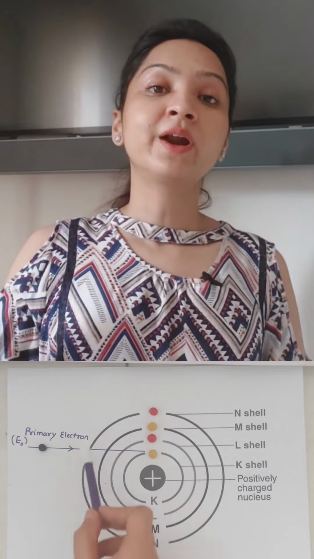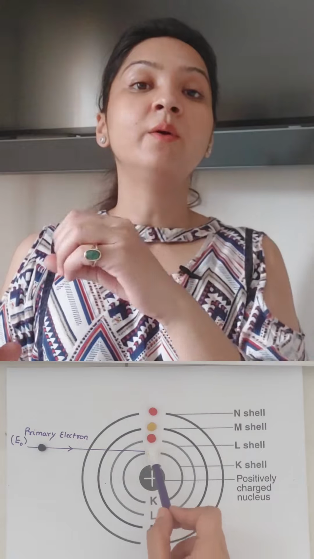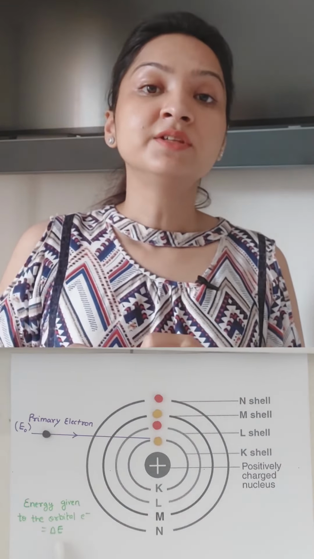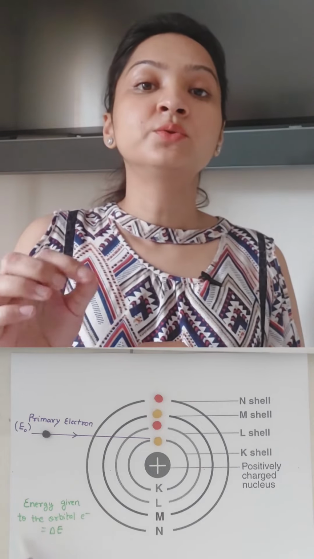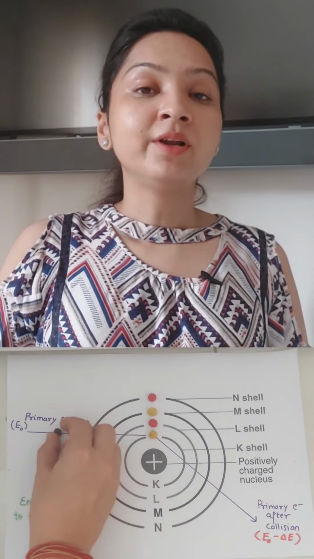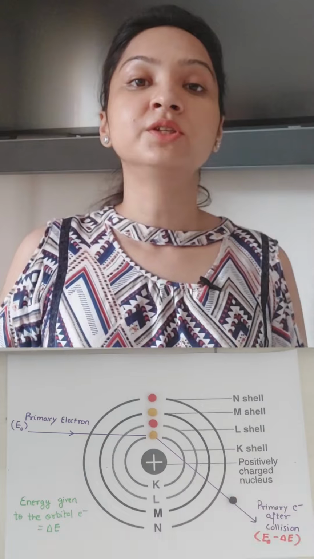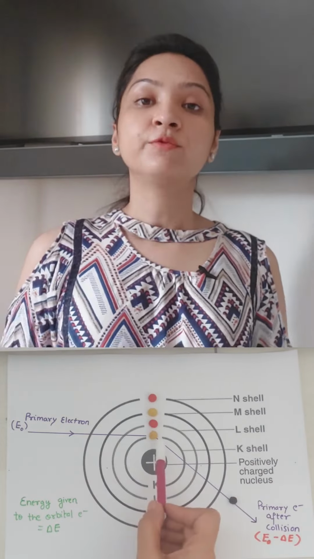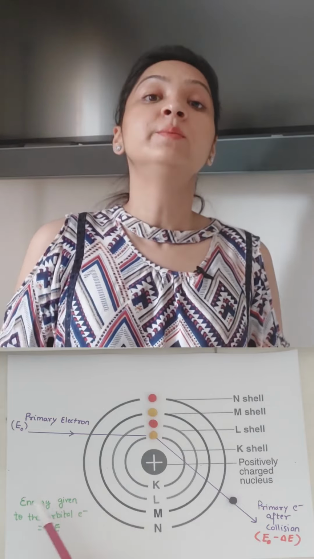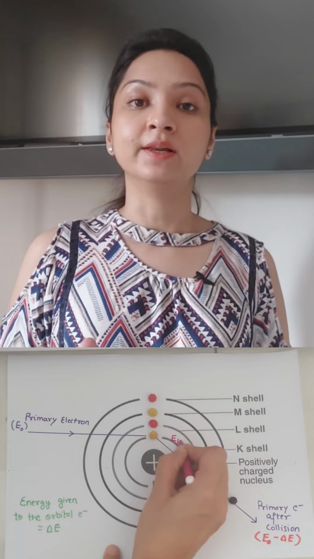So if the primary electron with energy E0 collides with an orbital electron in, let's say, the kth shell, and gives an amount of energy equal to delta E to that orbital electron, the primary electron will recede, or move away from such a collision, with energy E0 minus delta E. For the orbital electron, a part of delta E will be spent in overcoming the binding energy for the kth shell, Ek.